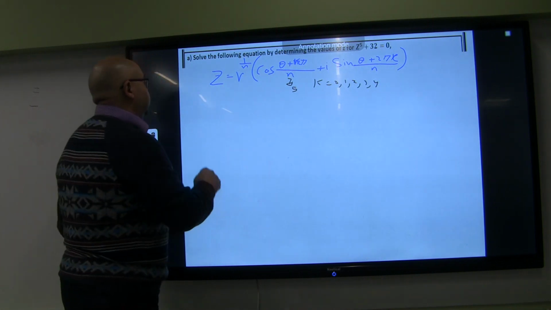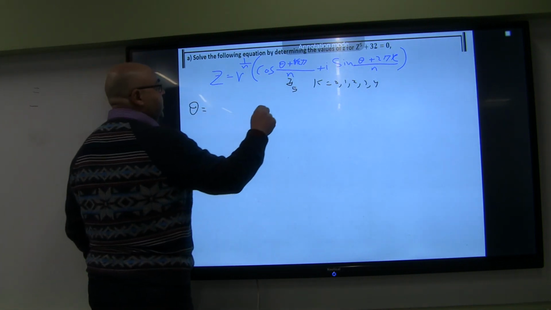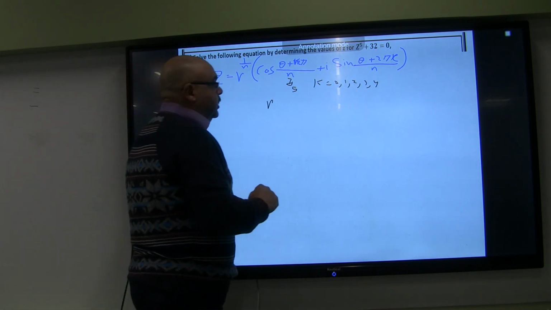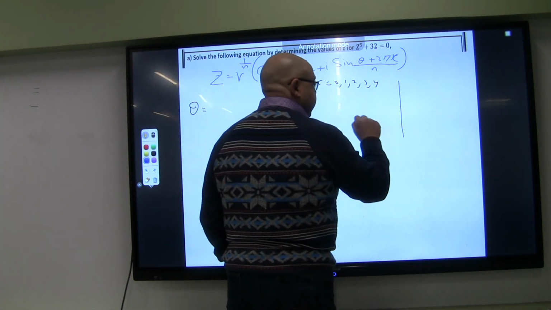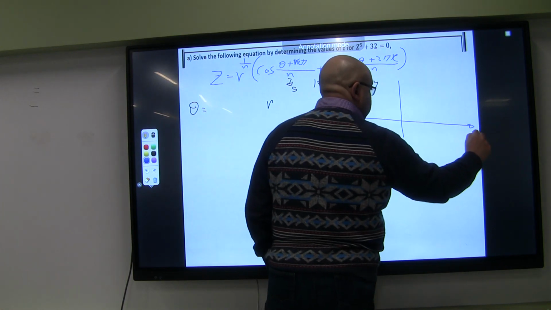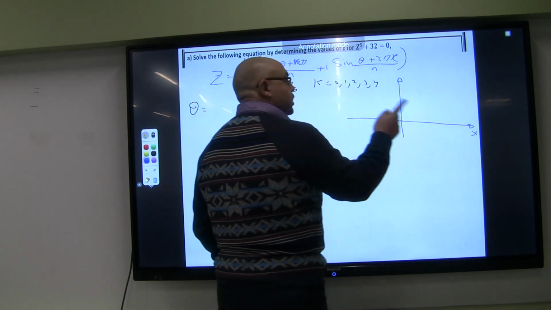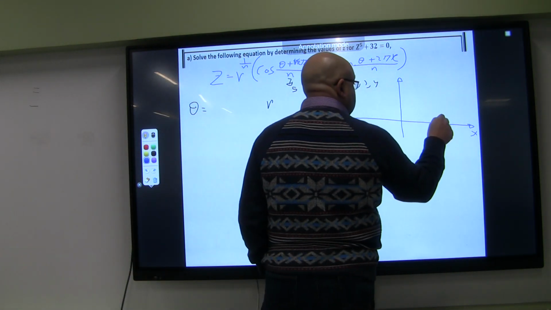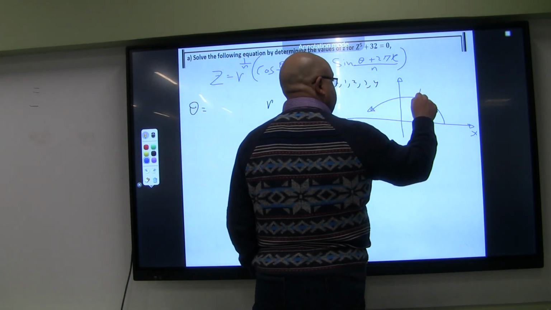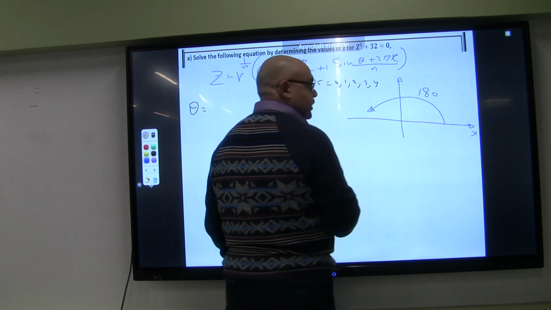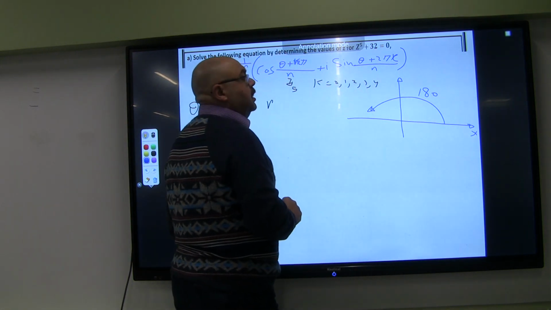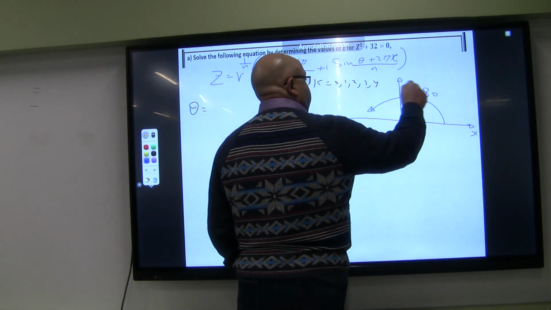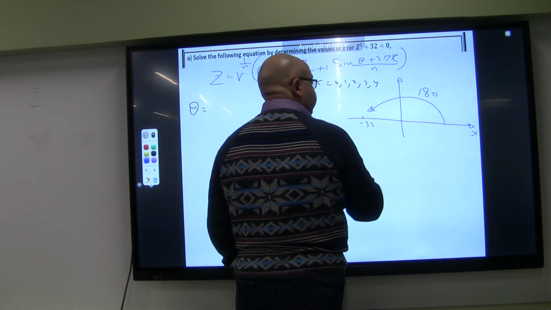The main problem is to identify the value of theta and the value of r, and this can be done easily by remembering that this is the x-axis. We are measuring our angles from the positive side of the x-axis, so I go 180 from the positive side in order to get to negative 32.